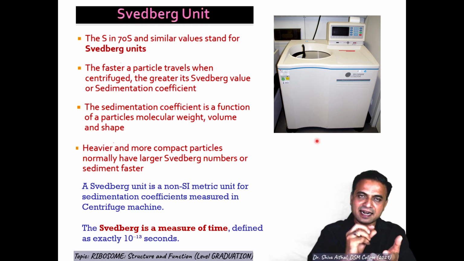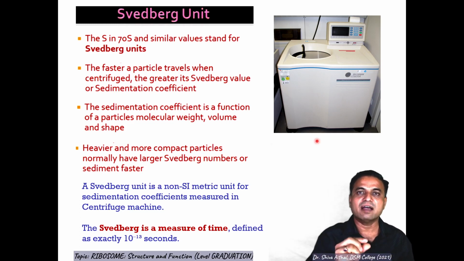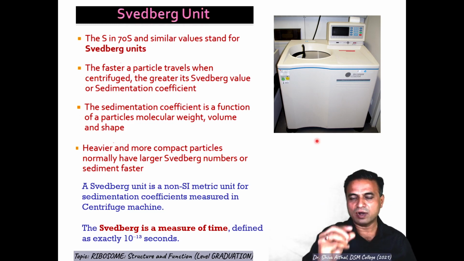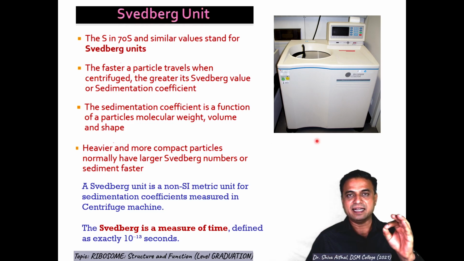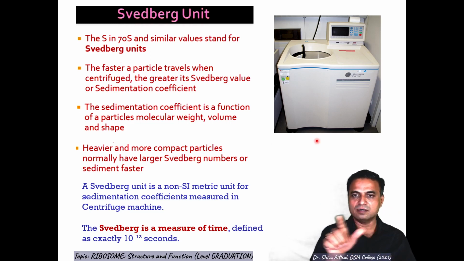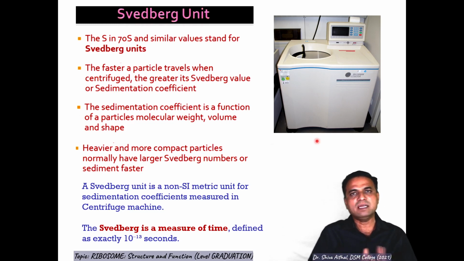If they are light and resistant to gravitational or centrifugal settling, then they will have lower sedimentation values. A Svedberg unit is a measure of time required for sedimentation, exactly 10 raised to minus 13 seconds, meaning 1 divided by 10 to the 13 seconds, and that is the Svedberg unit of any molecule.